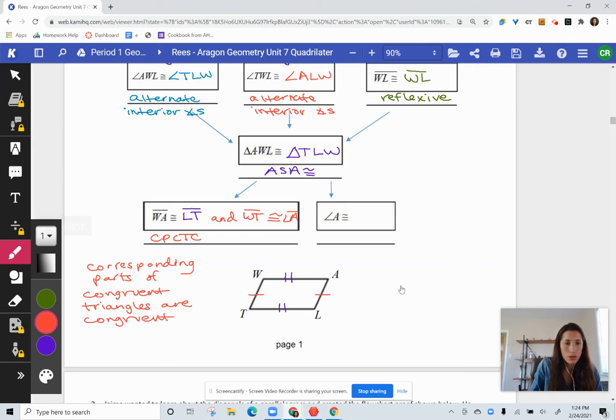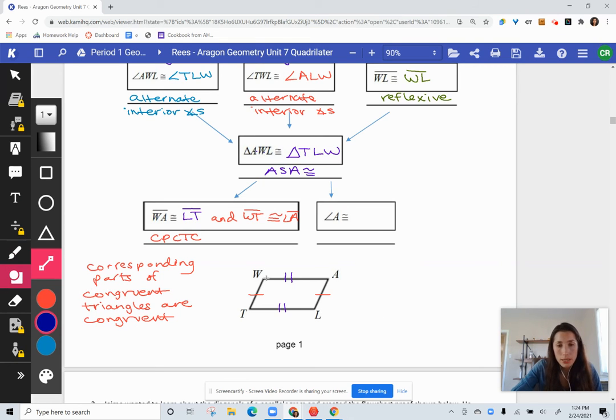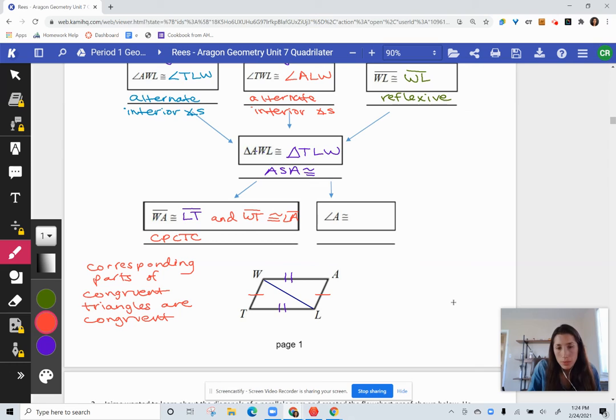And let me actually draw the diagonal in here, because technically we still have two separate triangles here. I just forgot the diagonal. Then what we also have is angle A. So angle A in this triangle would be, if it's the first letter, angle T is the first letter. It would be congruent to angle T. That's for the same reason. Corresponding parts of congruent triangles are congruent.